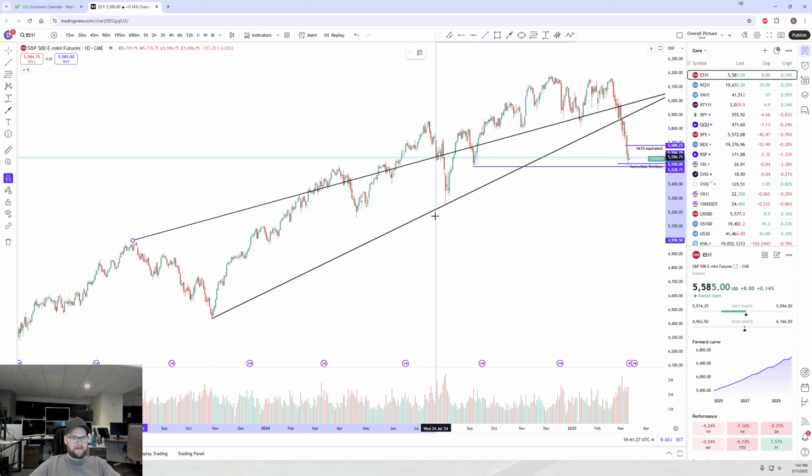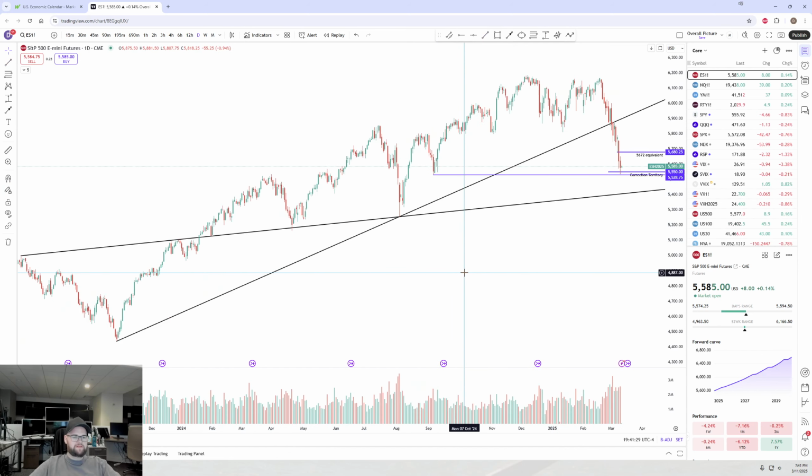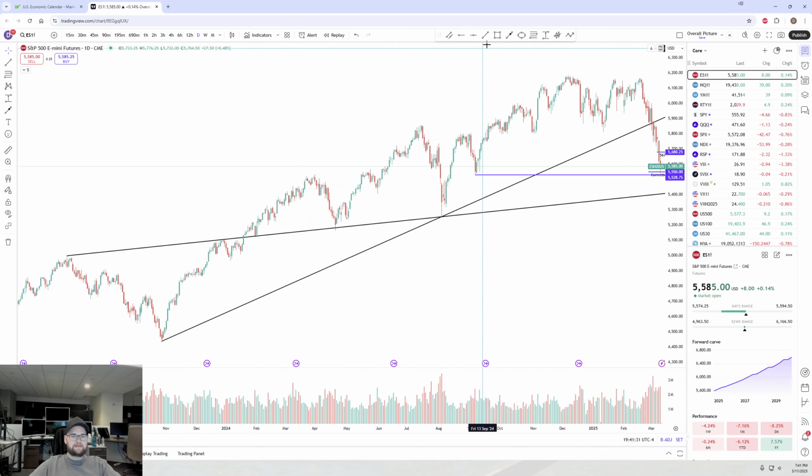This is one more line that will be important. This represents an area that has been tested numerous times, not only resistance, another resistance here, but then since January of 2024, it has acted as support 3 different times. Okay, so that one you got to kind of think outside of the box, as it's not a horizontal level.